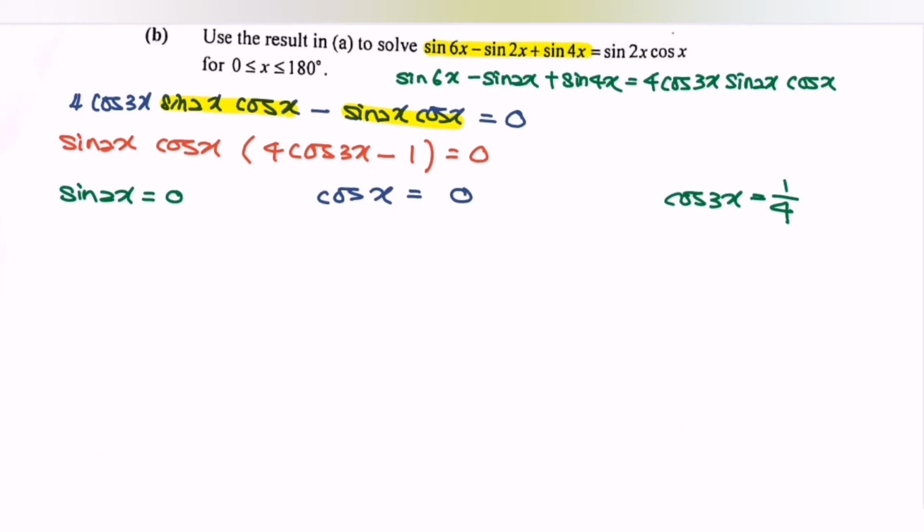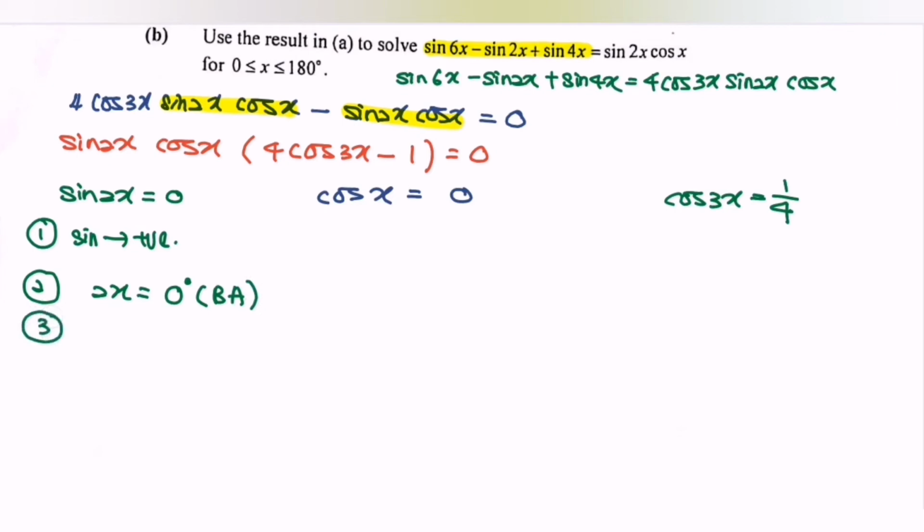Kindly refer to sine 2x equals 0. Step number 1, we notice that we have a positive sign, where we have the first and the second quadrant. Step number 2, find the basic angle. So in here, sine 2x equals 0, and we have the basic angle 0.